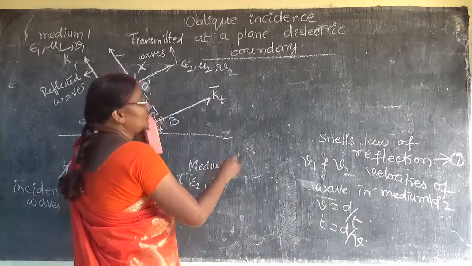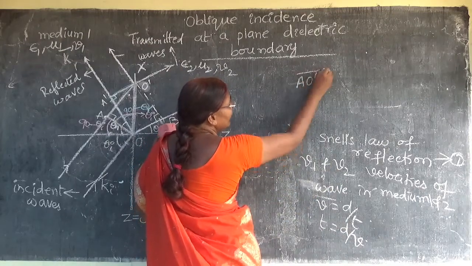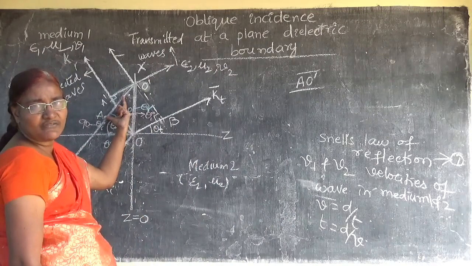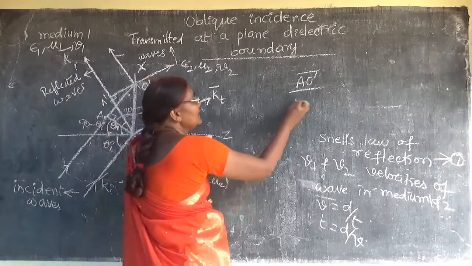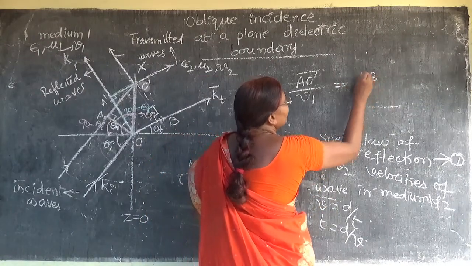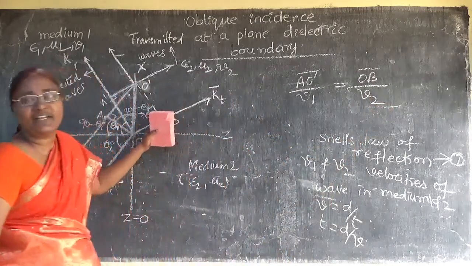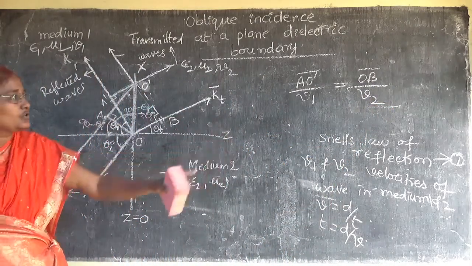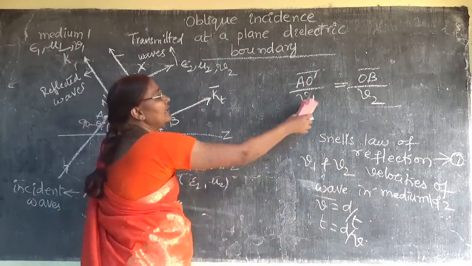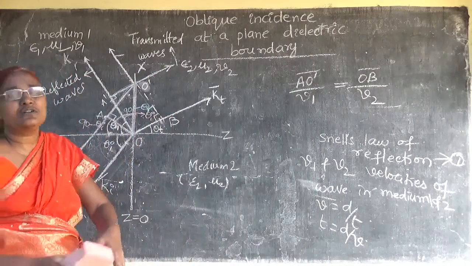Distance is A to O dash, divided by the velocity with which the wave is traveling in medium 1, that is V1. This must be equal to OB bar divided by the velocity of the wave in the second medium, V2. So the time taken will be the same, but here the velocities are different. But in the previous case, the velocities are also the same.